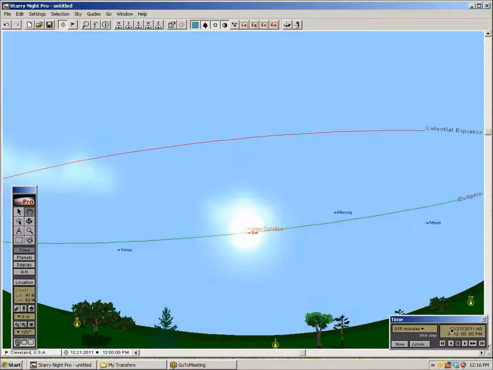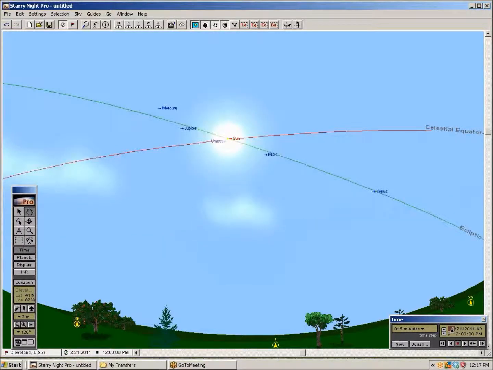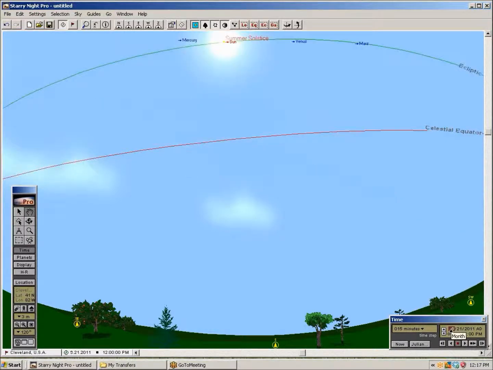Now watch what happens when I go to March at noon. And here we go. The sun is now at the intersection of the celestial equator and the ecliptic plane, and it's higher in the sky than it was down here at winter solstice. Now I'm going to move this to summer solstice, and now you'll see that the ecliptic plane this time is above the celestial equator.